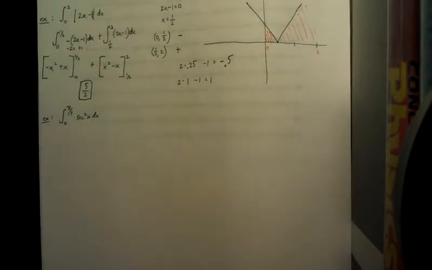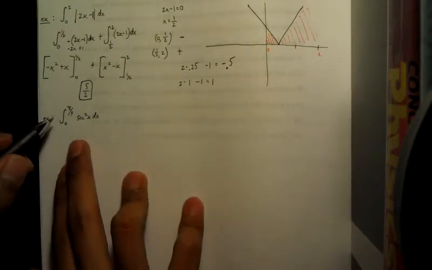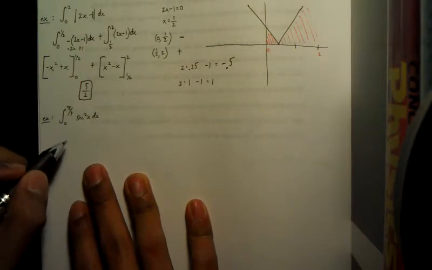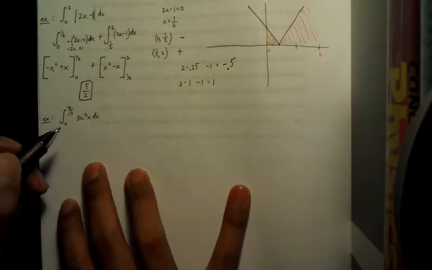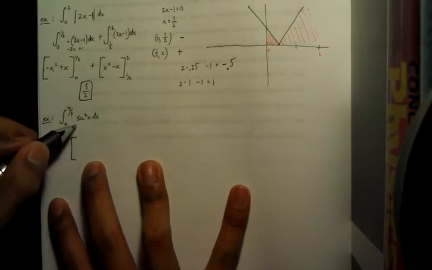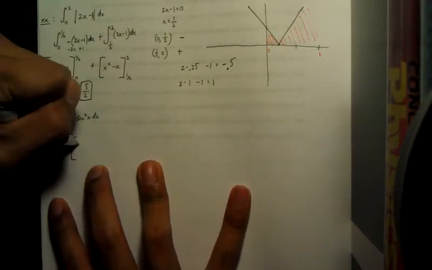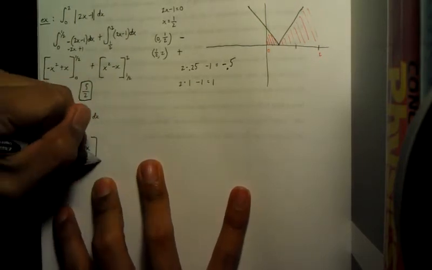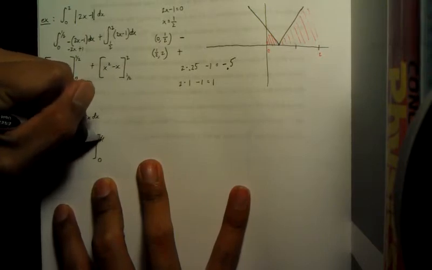This last one is dealing with a trig function. So here we have the integral from 0 to pi over 4 of secant squared x dx. First thing you're going to want to do, if you can recall, is that the antiderivative of secant squared x is tangent x. And then we're going from 0 to pi over 4.